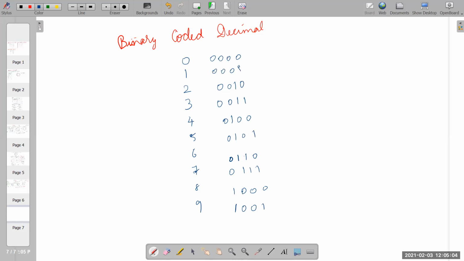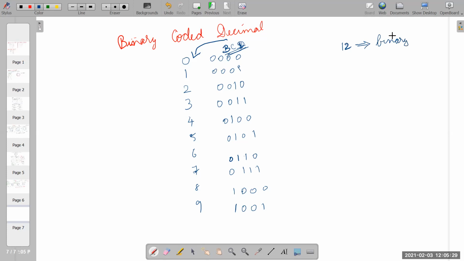Okay, right. These are the decimal numbers. This is your BCD, binary coded decimal. Now, the difference between binary and BCD is, suppose I say decimal number 12.